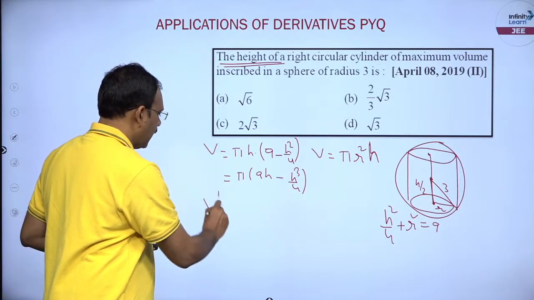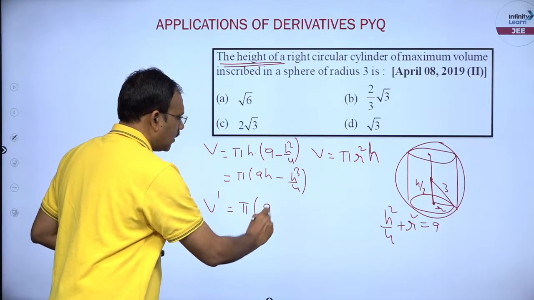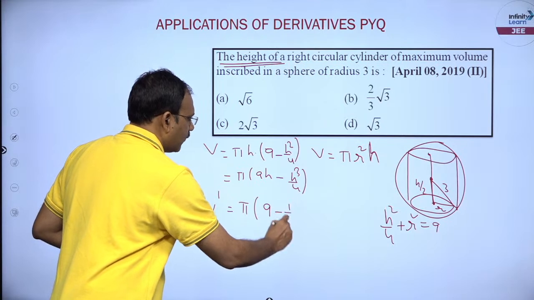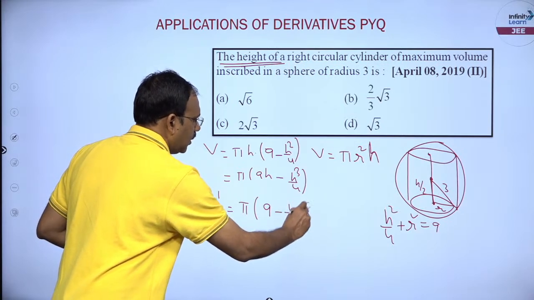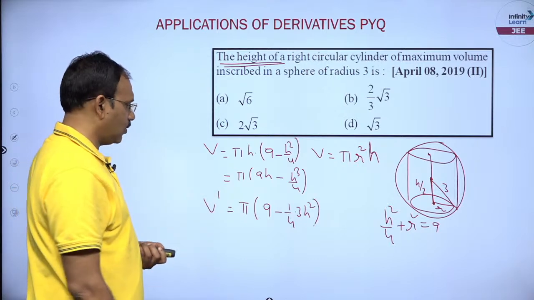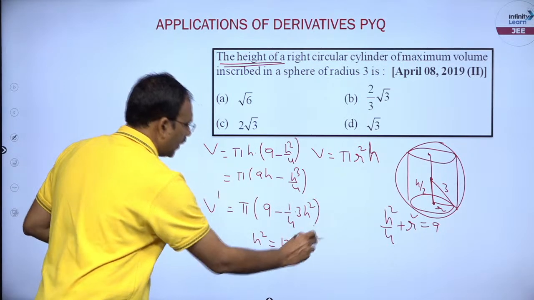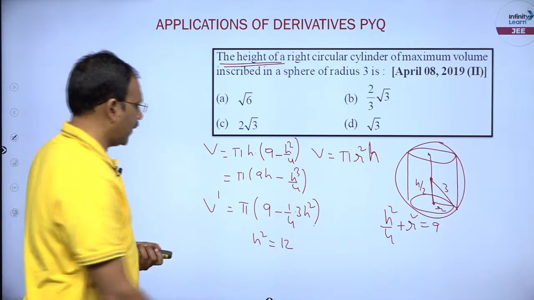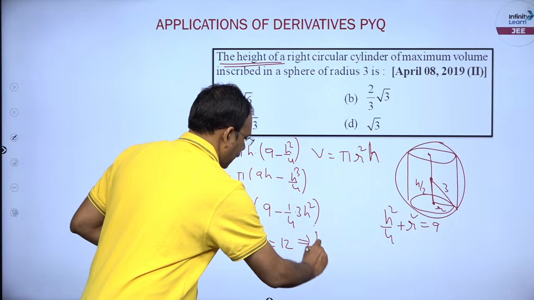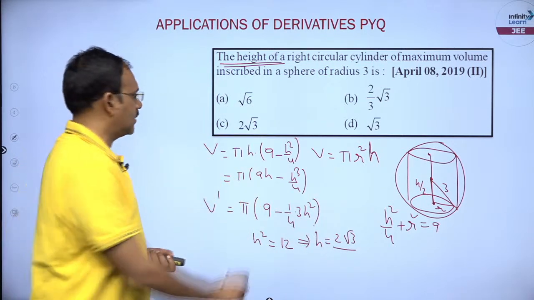So, take the derivative with respect to h, pi into 9 minus 1 by 4 into 3h square. You just see where the derivative becomes 0, friends, h square is going to be 12, h is going to be root 12, dear friends. Yeah, 2 root 3. Yes, this is the answer.